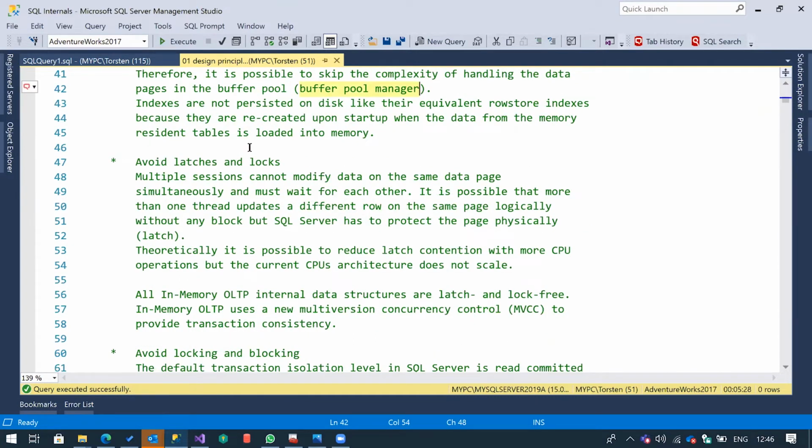It is also worth mentioning that whenever you create an in-memory OLTP table, you have to have at least one index. Without an index, you cannot create an in-memory OLTP table, because we will see later that in-memory OLTP will not save information on 8 kilobyte pages.